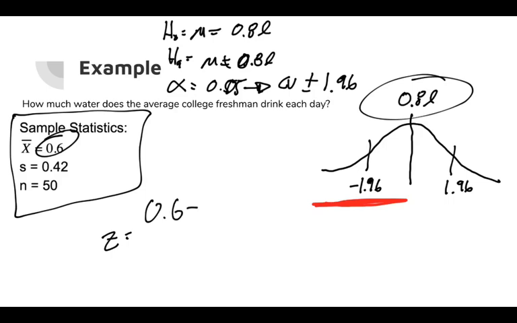So I'm going to take 0.6 minus 0.8. And then normally you would divide by the standard deviation, but because this is a sampling distribution of means, or a theoretical one, I'm going to divide by the standard error. And for us, we calculated that to be 0.0594.